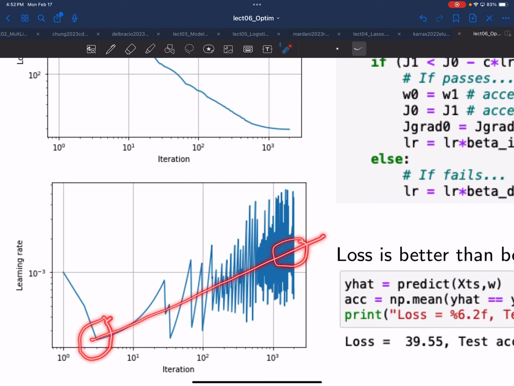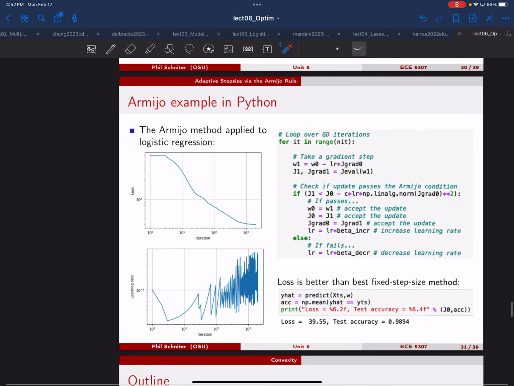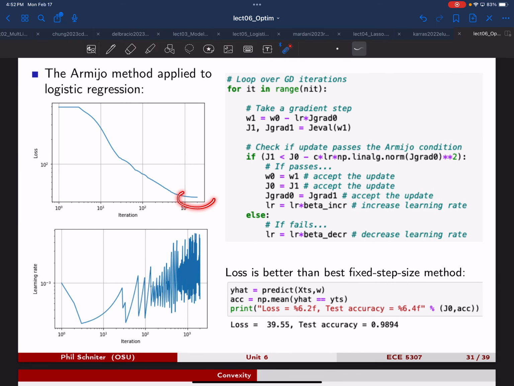So the optimal learning rate is really changing with iteration, and the Armijo rule is figuring that out. Okay. And so the final value that you get after 2,000 iterations is smaller than any of those 3 or 4 examples we tried earlier, and the test accuracy is actually a little bit larger. So this really did work out for us in the end.